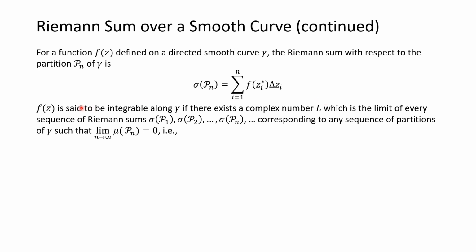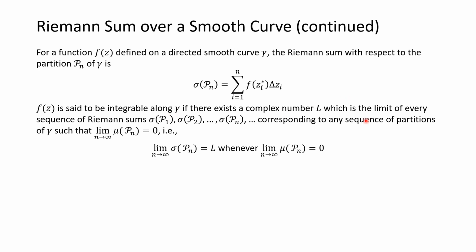So let me say it again. f of z is said to be integrable along gamma if there exists a complex number L, which is the limit of every sequence of Riemann sums corresponding to any sequence of partitions of our directed smooth arc gamma, such that the limit of mu of P n equals 0. And again, mu of P n is the maximum interval length for a given partition.